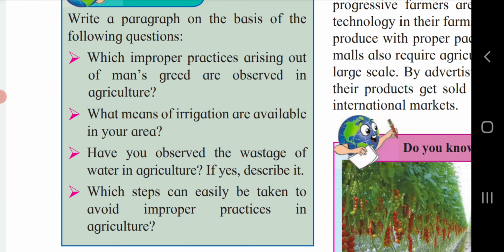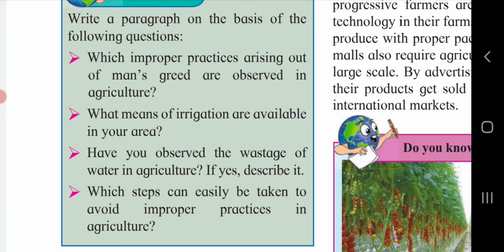Which steps can easily be taken to avoid improper practices in agriculture? Some improper practices in agriculture include wastage of water due to improper irrigation methods, and excessive use of chemical fertilizers, which accumulate in the soil and in turn lower soil fertility and reduce productivity.